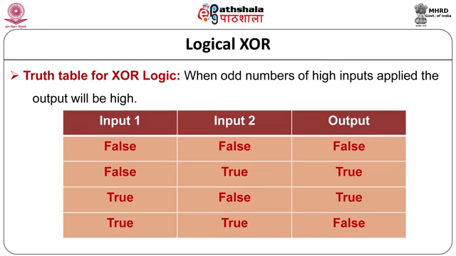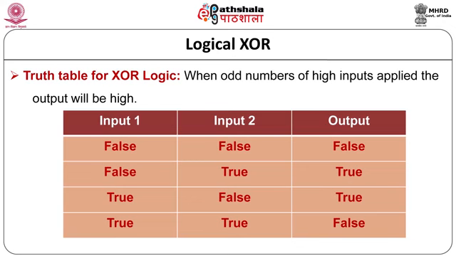You can see in this truth table, instead of writing operand 1 and operand 2, here I have written input 1 and input 2. When input 1 and input 2 are false, the output is false.